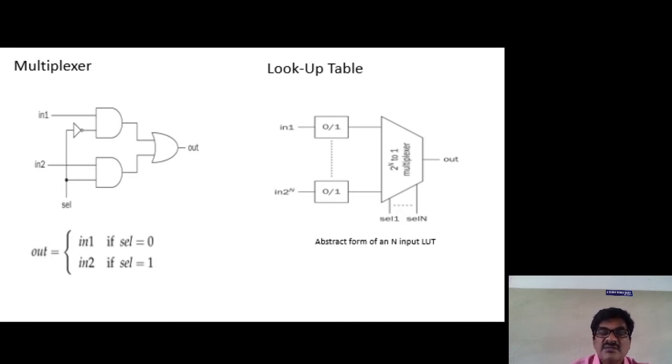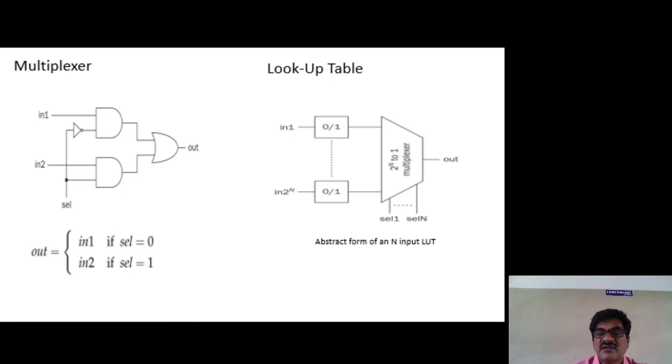Here is the diagram representing a 2-input lookup table. Of course, here 2 power n inputs are there. Assume that initially it is a 2-input lookup table. So it has 2 flip-flops at the inputs of a 2 by 1 multiplexer.